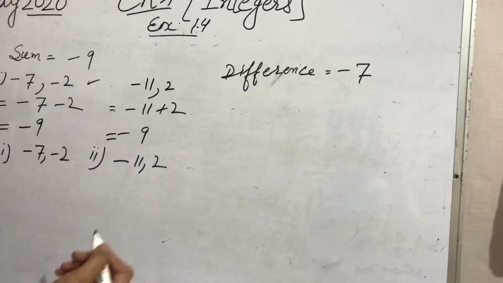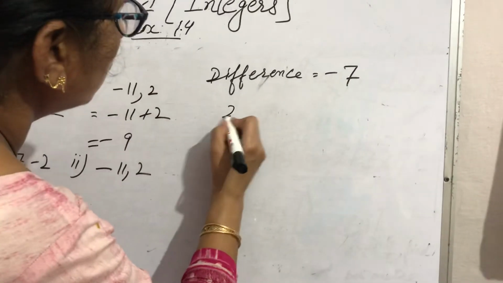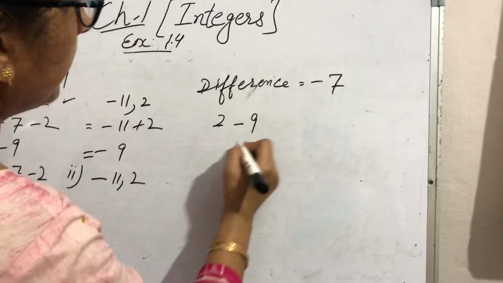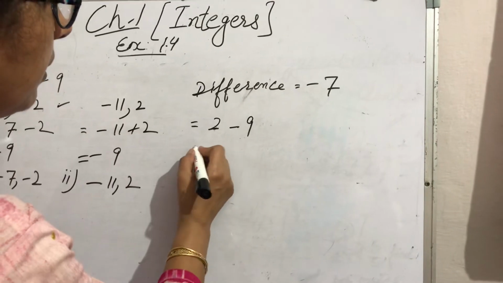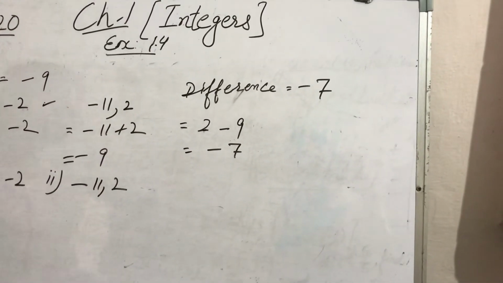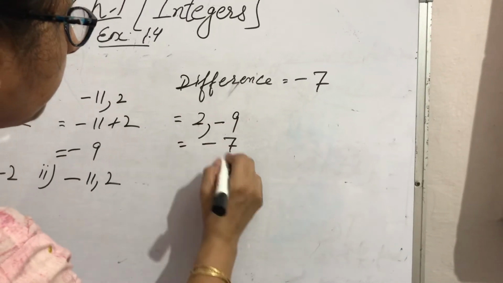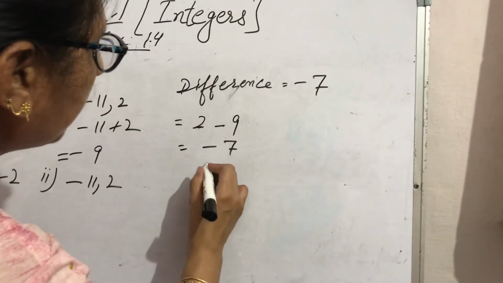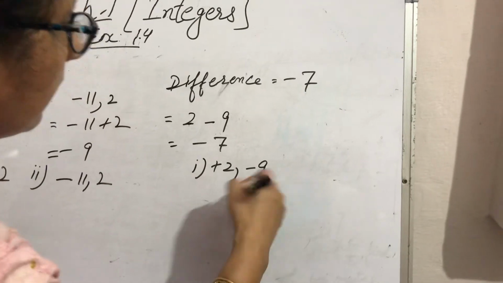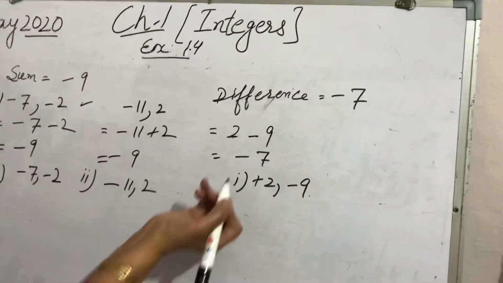So while subtracting, suppose 2 minus 9. The difference of 2 and 9 will be minus 7. Again we can find other numbers. Suppose this is the first pair, and another is positive 2 and minus 9. In this way we can find so many numbers. So you can try other numbers also.